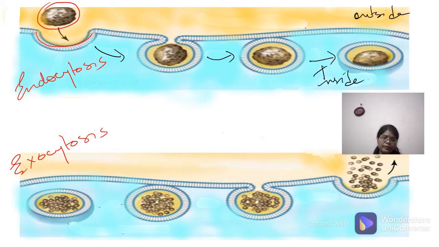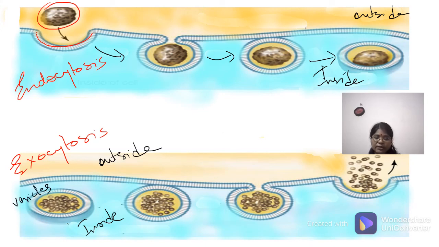Now if you look at the exocytosis, I hope you are clear with the outside part of the cell. This is the outside part of the cell, and this is the inside part of the cell. Here you can see any substance which is being formed gets wrapped up in vesicles, isn't it? You also give someone something in some container, isn't it? Similarly, the cells also wrap these substances inside these bags, which we call vesicles.